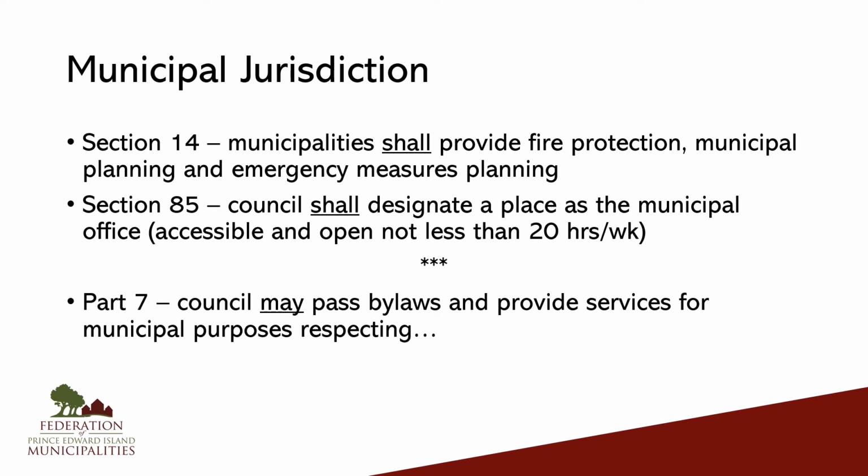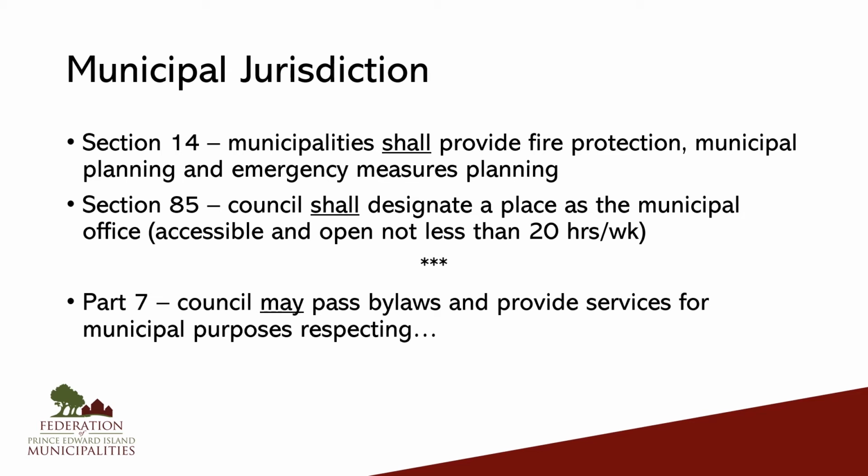Now, Part 7 of the Act, which starts at Section 180 in particular, has a long list of spheres or scopes of jurisdiction where council may pass bylaws and provide services.